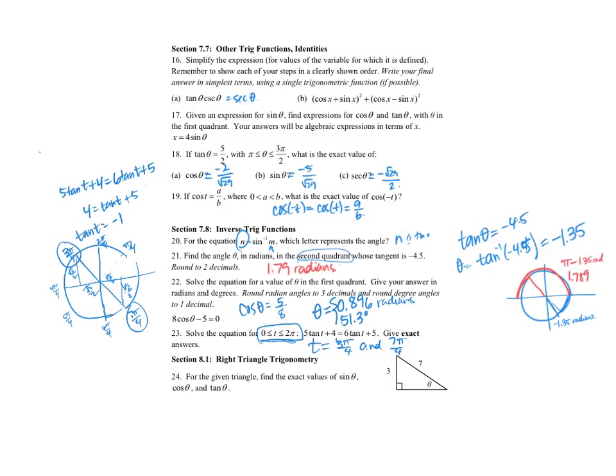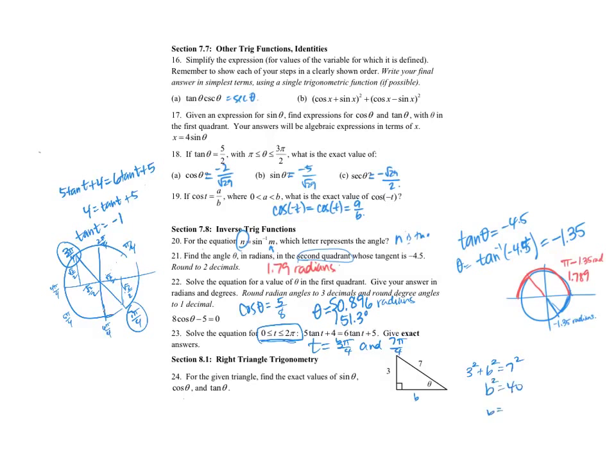Okay, for the given triangle, find the exact values of sine theta, cosine theta, and tangent theta. The first thing we'll need to do is find the missing side. So I'll just call it b. So I know 3 squared plus b squared equals 7 squared. And so that gives me b squared is 40.